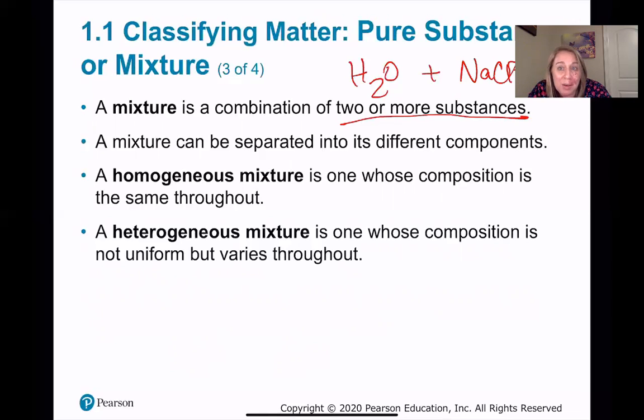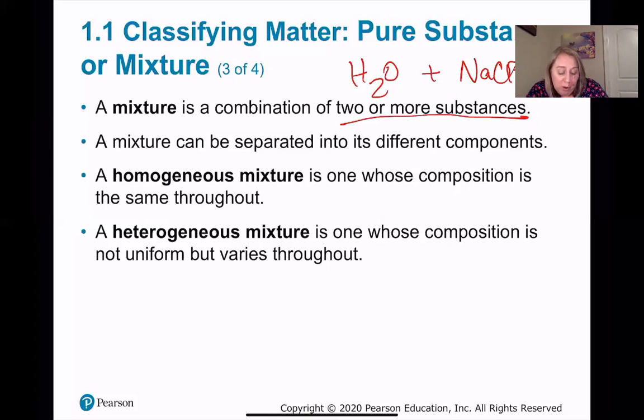If you put salt inside of water, it's going to dissolve, and you're going to have a mixture. A mixture is something that you can separate into its different components. Physically, I can very easily separate salt from water. All I have to do is heat it, the water evaporates, and the salt gets left at the bottom. So that's a mixture. I could easily separate it.